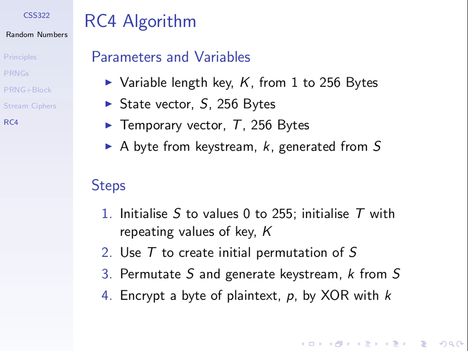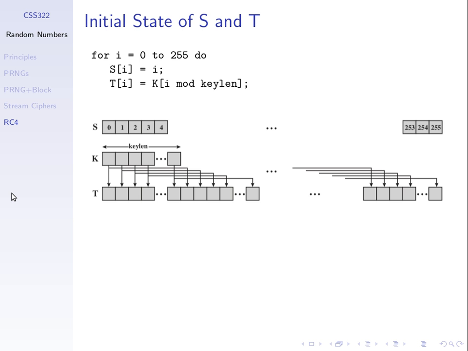And then we'll do that again to generate another random byte K, and again to another random byte K. For every K that we generate, lowercase k here, we can encrypt by taking that value of K and XOR with a plaintext P. We'll show that algorithm with an example.